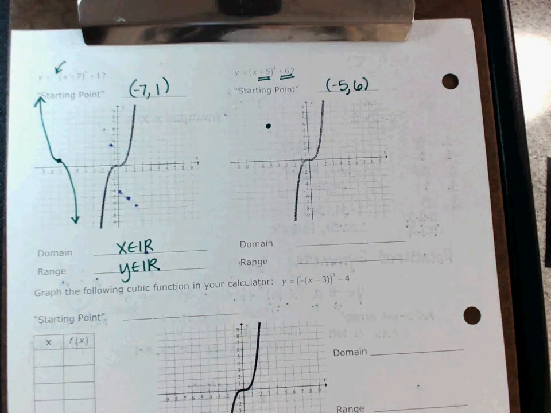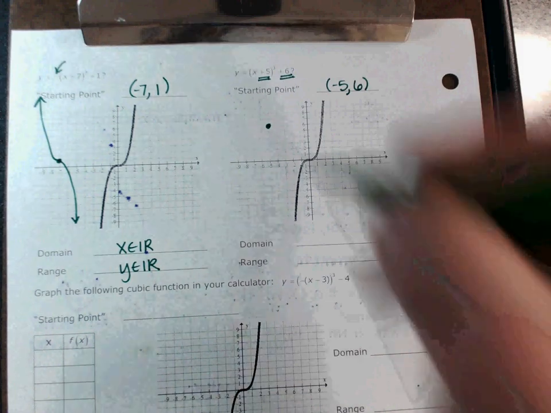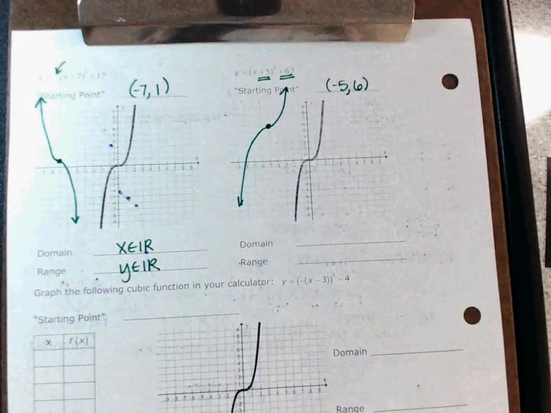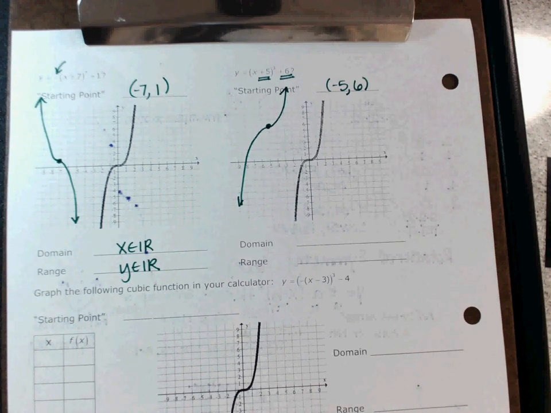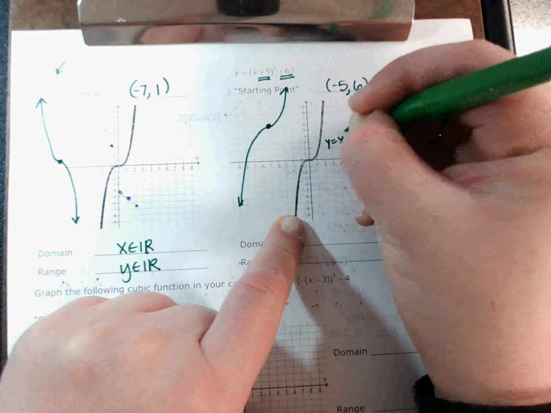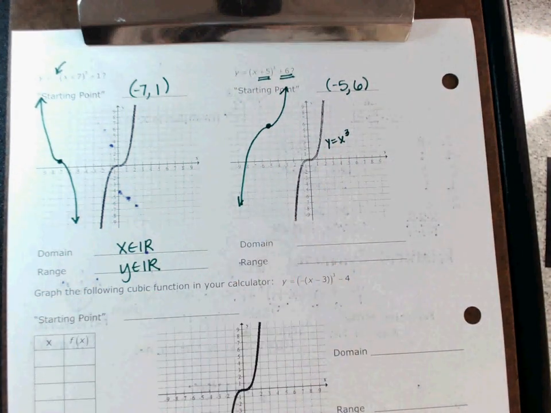And then remember, if there's not a negative in the front, the right side aims up, the left side aims down. So that side goes up, that side goes down. And then remember that this one here in the middle, this is the parent graph before you shift it. So that's just to remind you of the general shape. Okay?